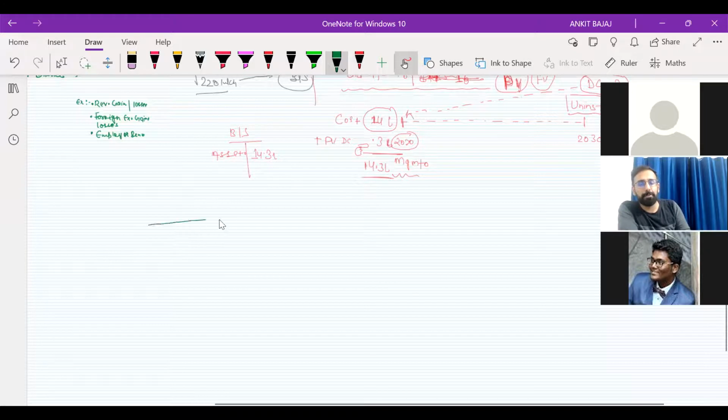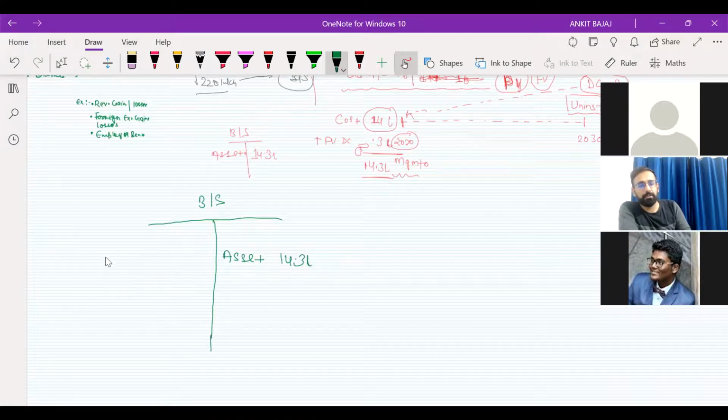Here, when you will be preparing the balance sheet, what will be the corresponding effect? You will be recording an asset whose value will be 14.3 lakh, right? And correspondingly, you have to create a liability also. Decommissioning liability, right? Because in future, definitely you will be paying this amount after 10 years, right?